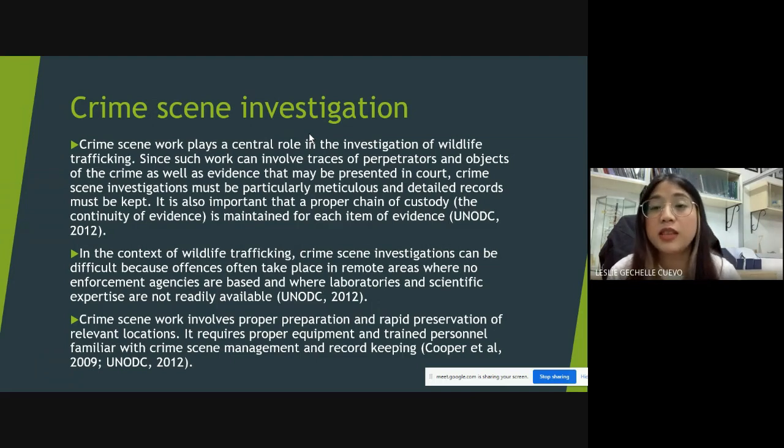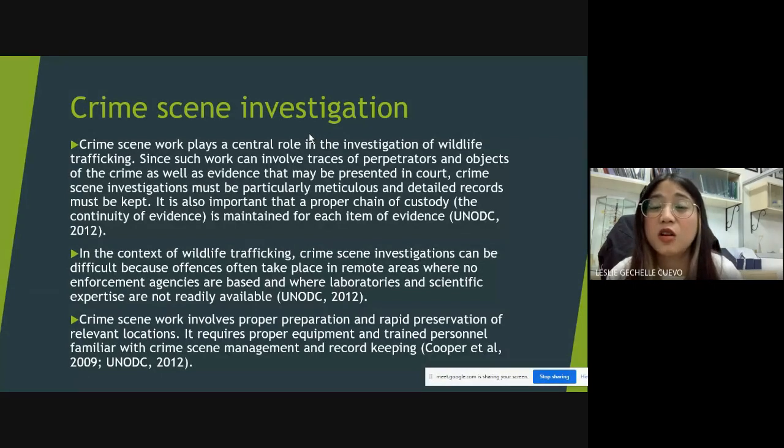It is also important that a proper chain of custody is maintained for each item of evidence. So, alam niyo na to, yung usual sa crime scene investigation. Kailangan gawin mo siya ng maayos kasi kapag hindi mo nakolekta ng maayos ang ebidensya, maaaring hindi mo na to magamit sa korte kapag kinontest, 'di ba?